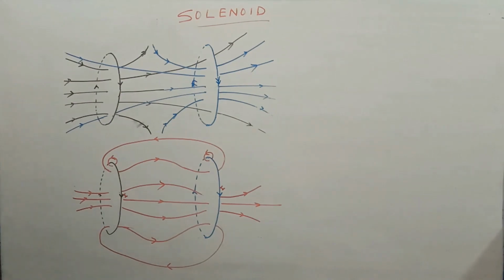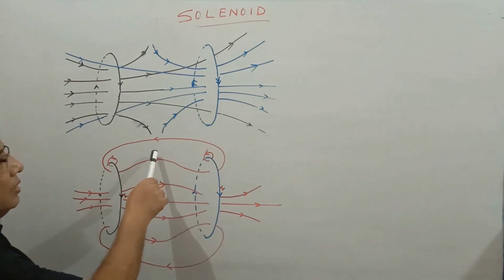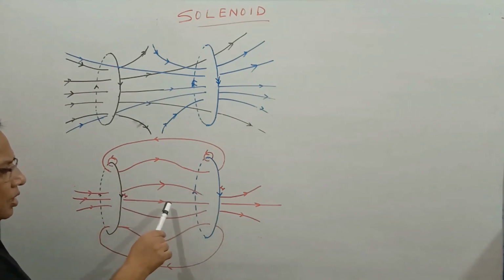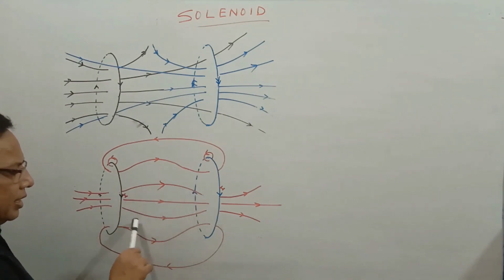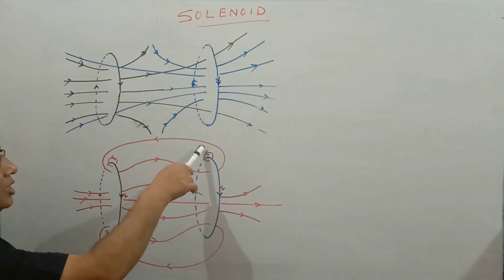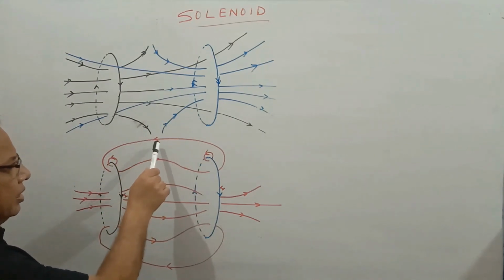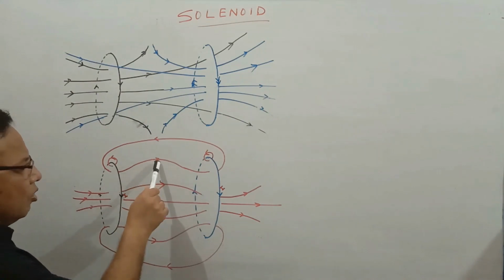Let us try to see one thing: at far away places the fields are oppositely directed. Here, the field from within the two loops facing each other, the field lines are rightward, and at far away places you will see that the field direction is opposite to this one.